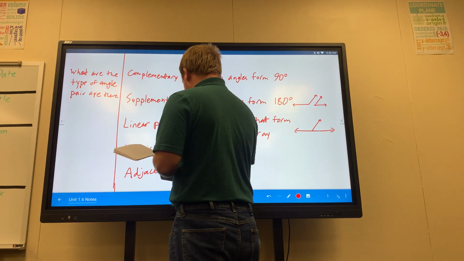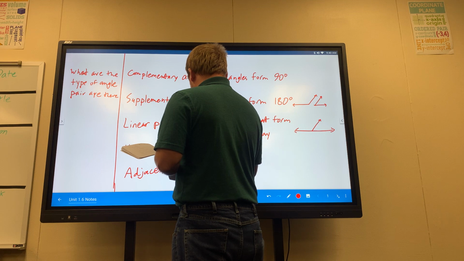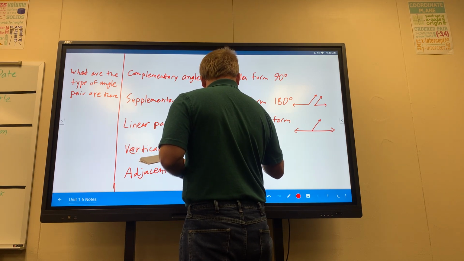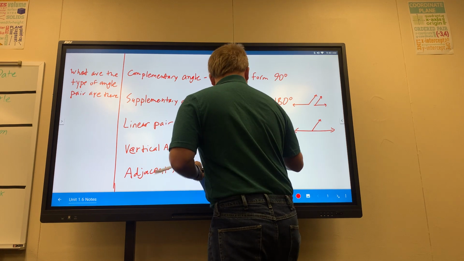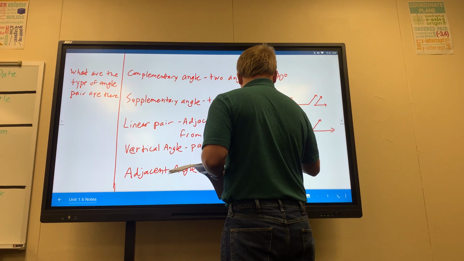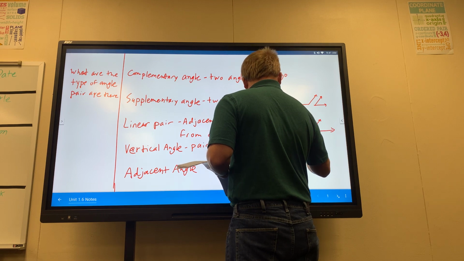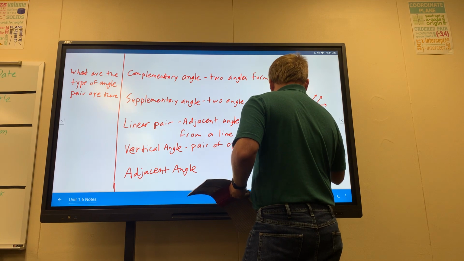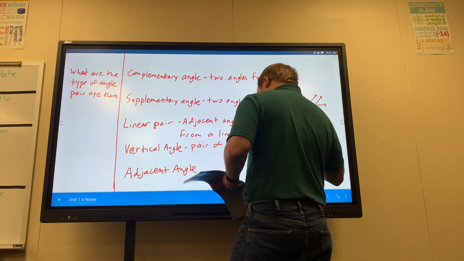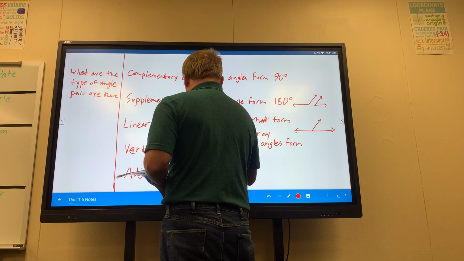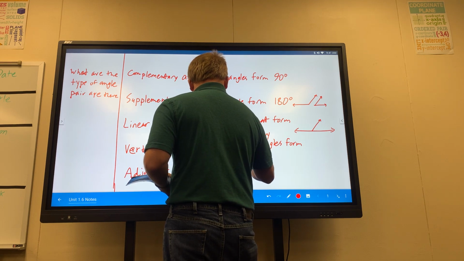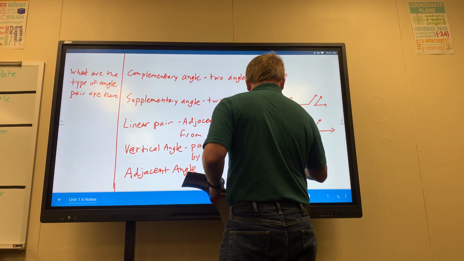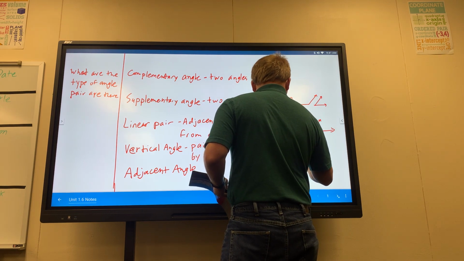Now a vertical angle is a pair of opposite angles formed by two lines that intersect.